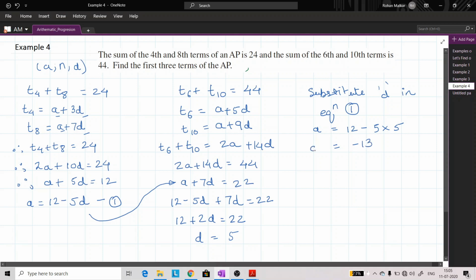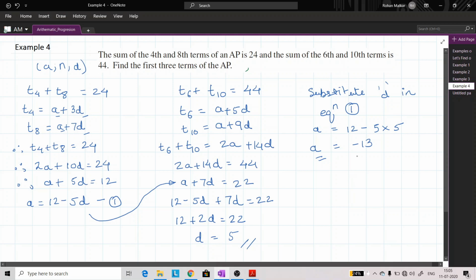So this is my value of A. So I know the value of A now. I know the value of D as well, and using both these values, I can find out the second as well as the third term.